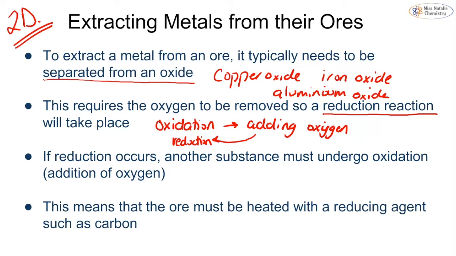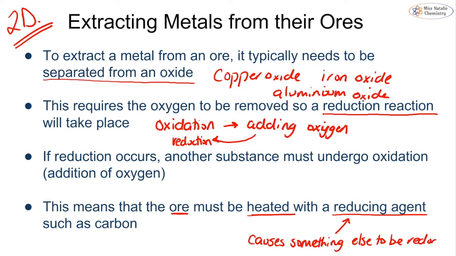So if we get a reduction reaction happening to remove this oxygen, we must have another substance that undergoes the oxidation. And that means that it will have the oxygen added to it. So that means that the ore must be heated with a reducing agent. Now remember, a reducing agent causes something else to be reduced.